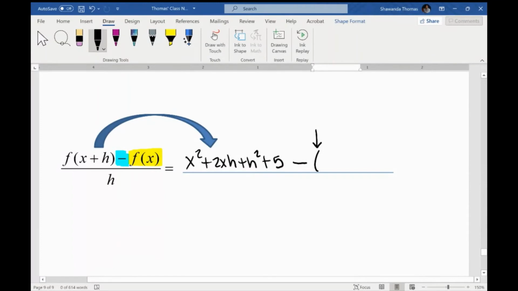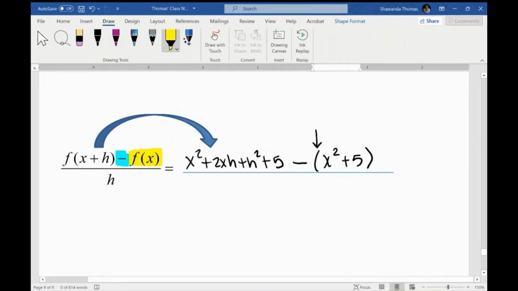So it should be a parenthesis, x squared plus 5. If you don't put that parenthesis, all your signs are going to be wrong, because you're saying you're subtracting all of f of x. You're not subtracting just x squared, y'all. You're subtracting x squared and you're subtracting 5. All of f of x.